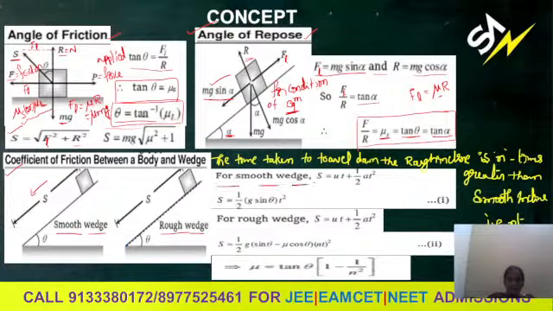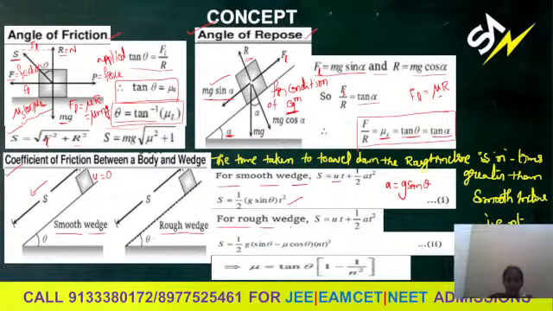For the smooth wedge, the distance travelled by the object: initial velocity is 0 here. It moves like a free fall object, so put u equal to 0, s equals half a t square. It is on an inclined surface, so the acceleration while moving down is a equal to g sin theta. So the distance travelled on the smooth wedge is half g sin theta t square.